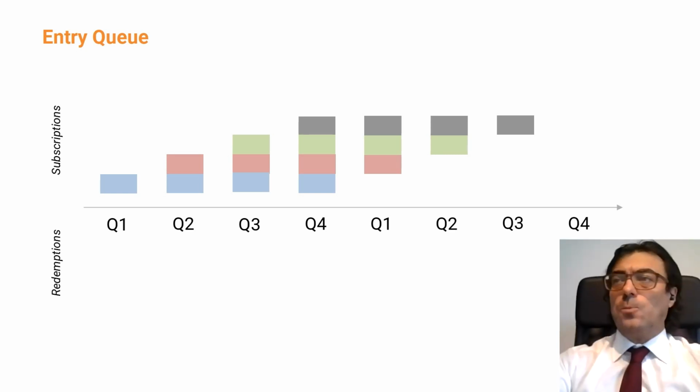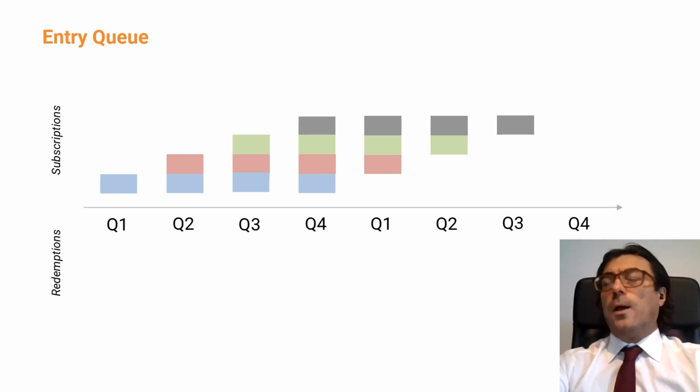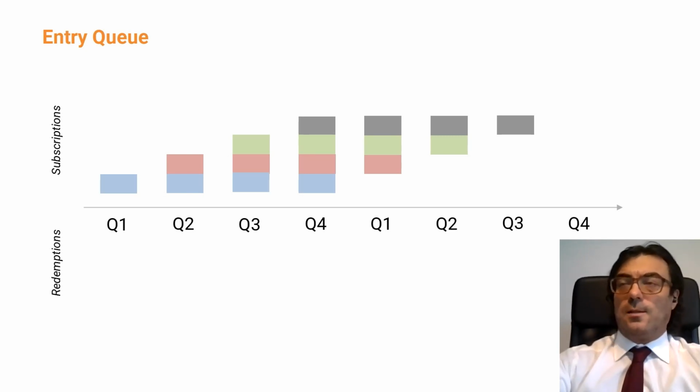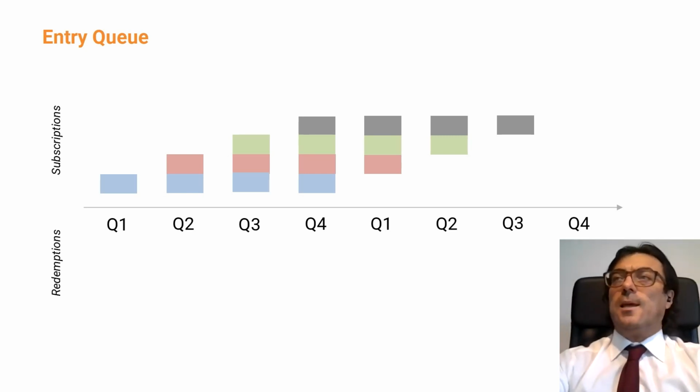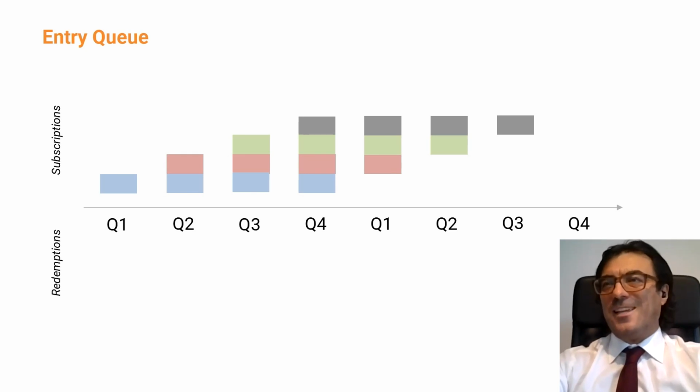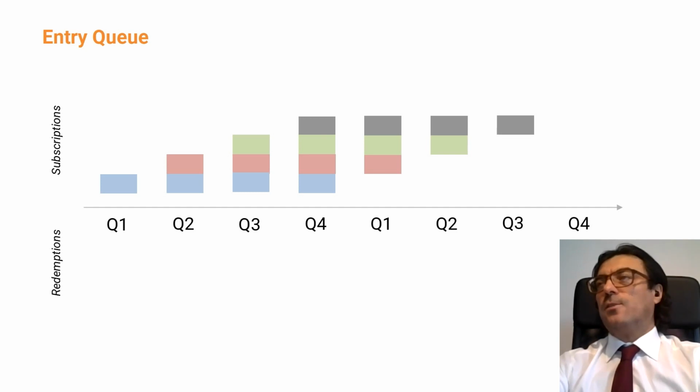Now let's assume we are in Q1 of the following year, and we have identified an asset to buy. The fund will go and call the investors who were first in the queue. Now they are entering the fund, so they are exiting the queue. The same happens in Q2.